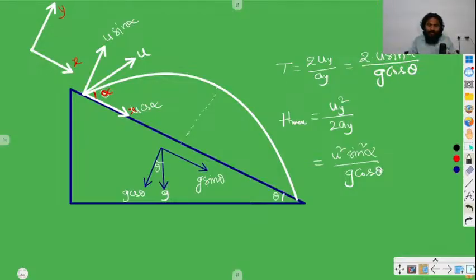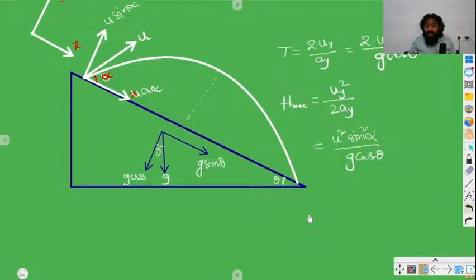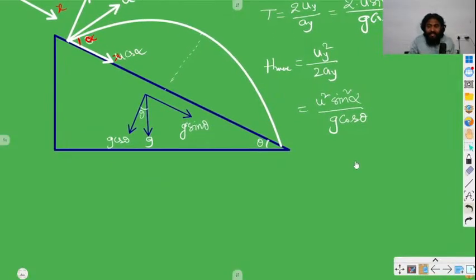And coming to the range, to find the range, along the range also there is an acceleration, that is why we have to use s is equal to ut plus half at square. Previously there was no acceleration along the range, that is why we simply used range is equal to horizontal speed into time, but here it's not like that. So sx is equal to ux into t plus half ax into t square.